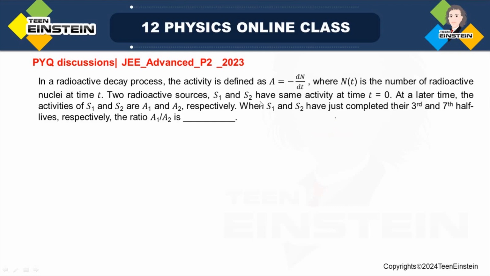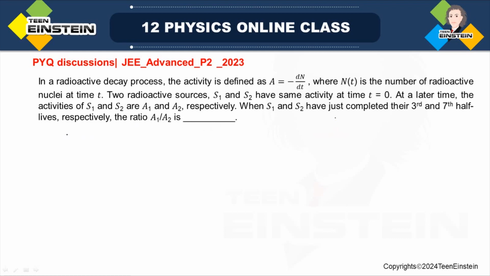Two radioactive sources S1 and S2 have the same activity at t equals 0. At a later time, the activities of S1 and S2 are A1 and A2 respectively. When S1 and S2 have just completed their third and seventh half-lives respectively, the ratio A1 by A2 is dash.